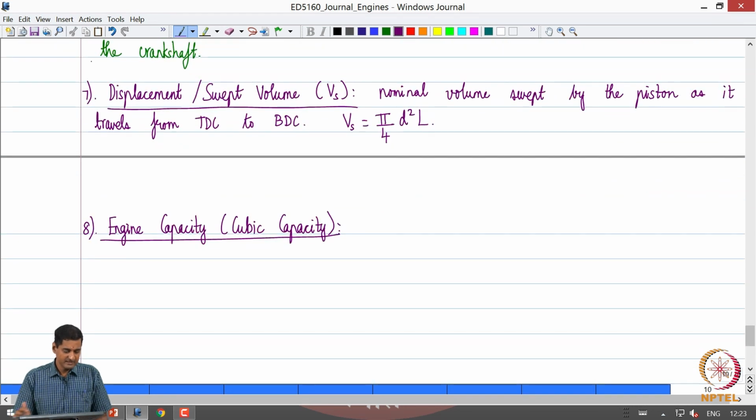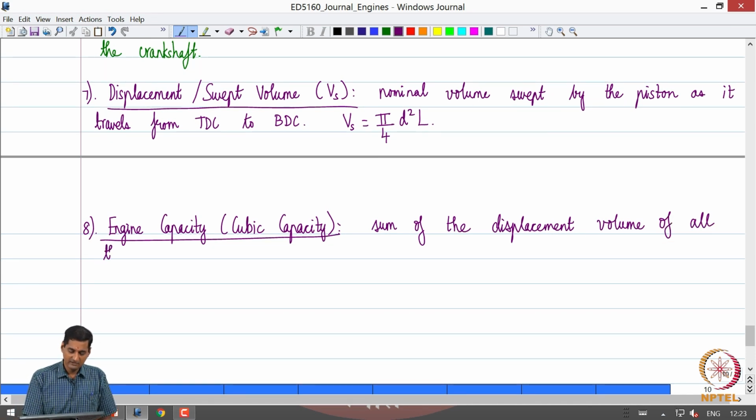The engine capacity or cubic capacity is the sum of the displacement volume of all the cylinders. Okay. So, that is the engine capacity or the cubic capacity. Of course, if you have a single cylinder engine, it is just what it is. If you have a multi-cylinder engine, you need to add the sum of the displacement volumes of each cylinder.